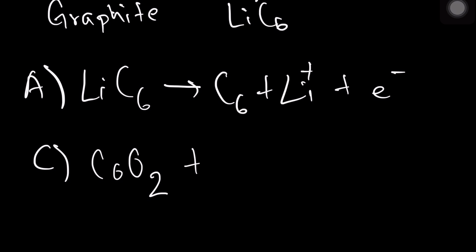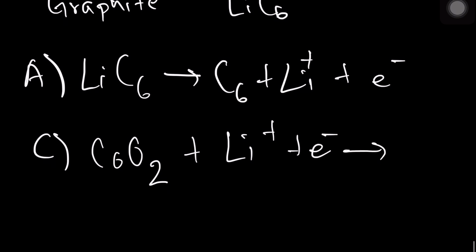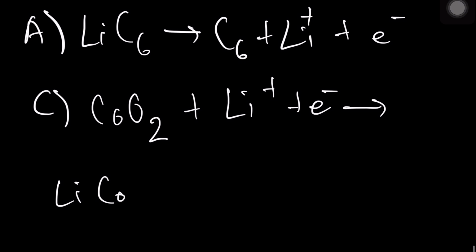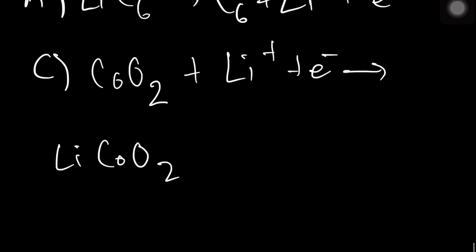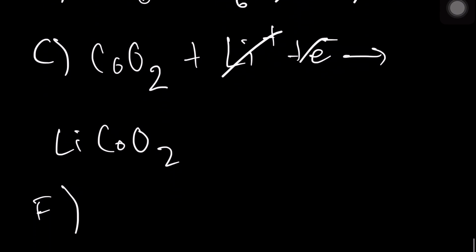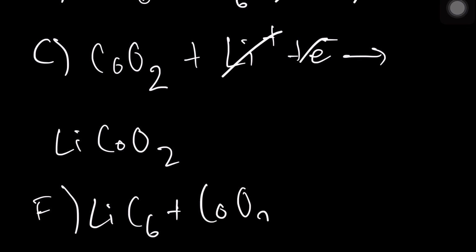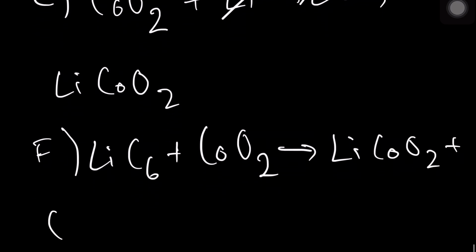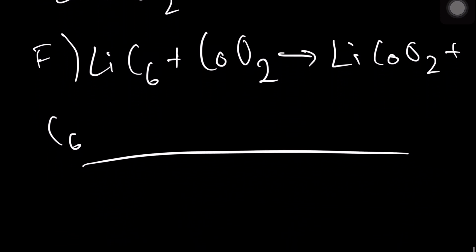At the cathode, our cobalt oxide reacts with our lithium ion and one electron to convert it back into lithium cobalt oxide. So our final reaction when we cancel the electrons will become lithium carbide plus cobalt oxide converts into lithium cobalt oxide plus carbide, and that is our final reaction.